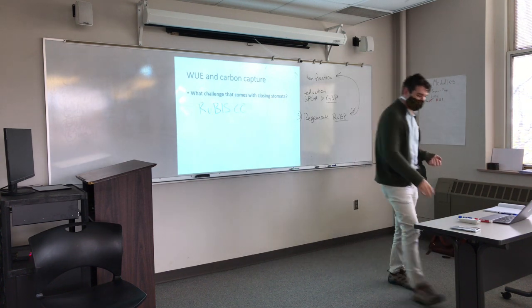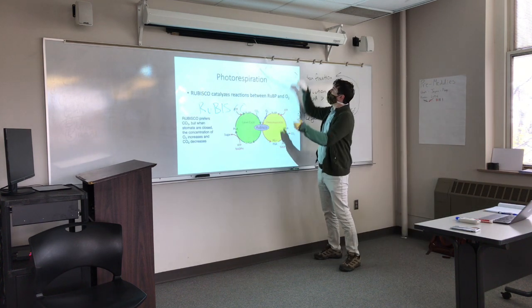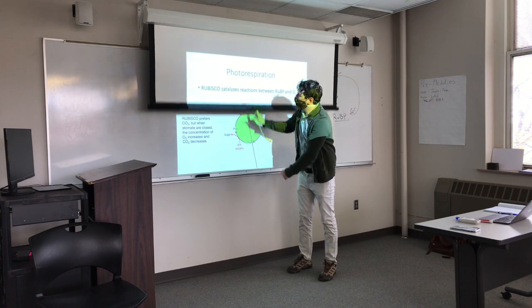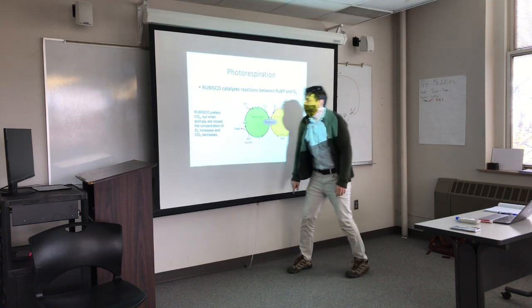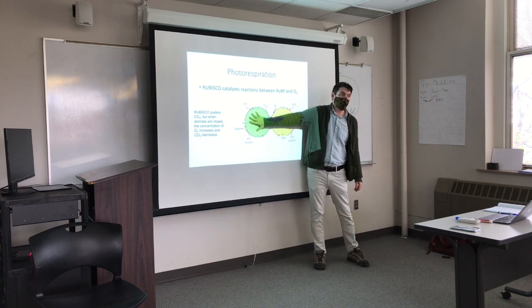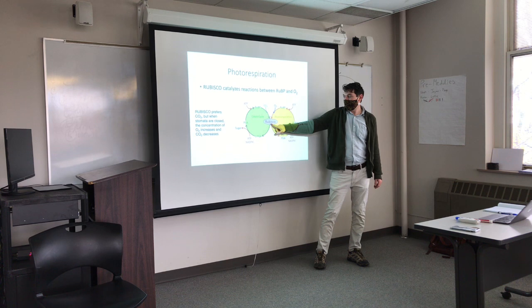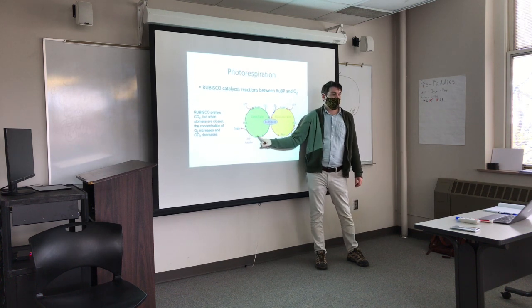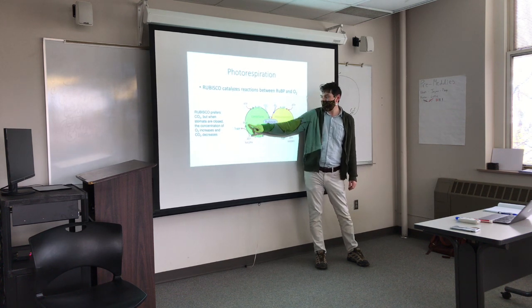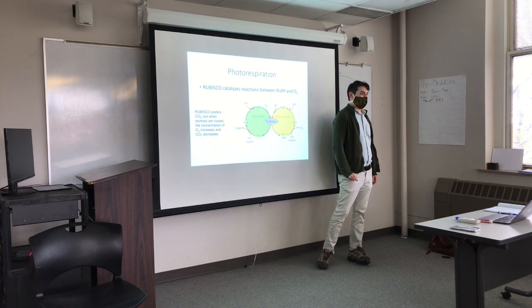So when that happens, that's called photorespiration. So far we've only talked about the Calvin cycle, which is right here. RuBP and CO2 go into Rubisco, and you end up with these 3-carbon molecules. Energy gets added to make sugars and to regenerate RuBP.